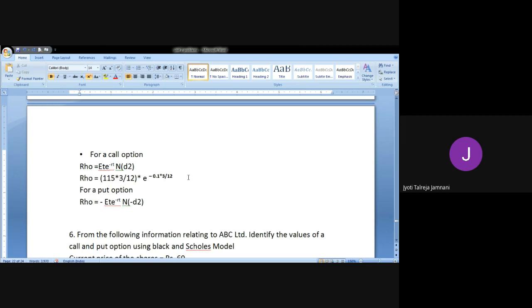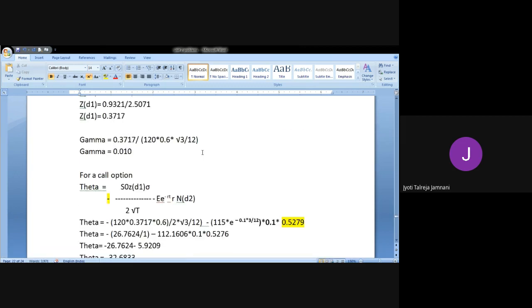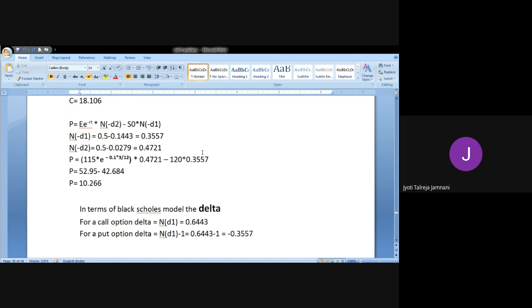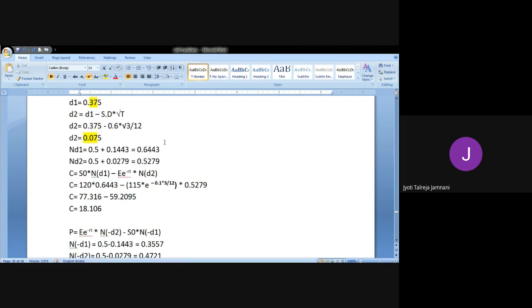Once you solve this entirely, into N(d2) we have to take. So N(d2) value 0.5279.